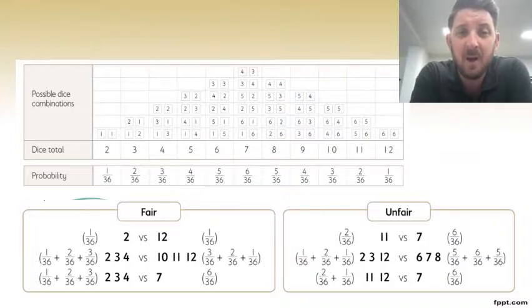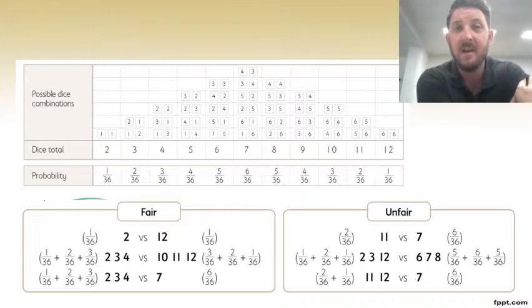Then I went back and decided, what are all the different possibilities? So I made a table, worked out all the different possibilities and graphed those for you in front. Then I looked at how many total possibilities altogether, and I worked out there were 36. I then counted how many possibilities for 2.